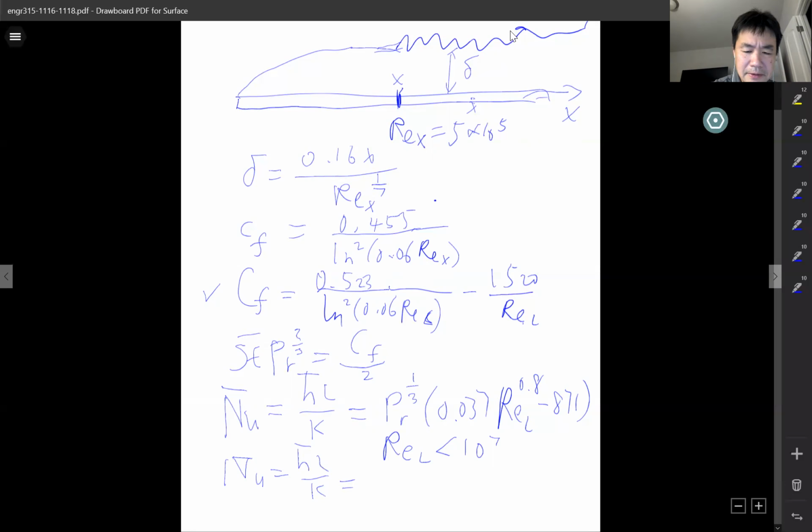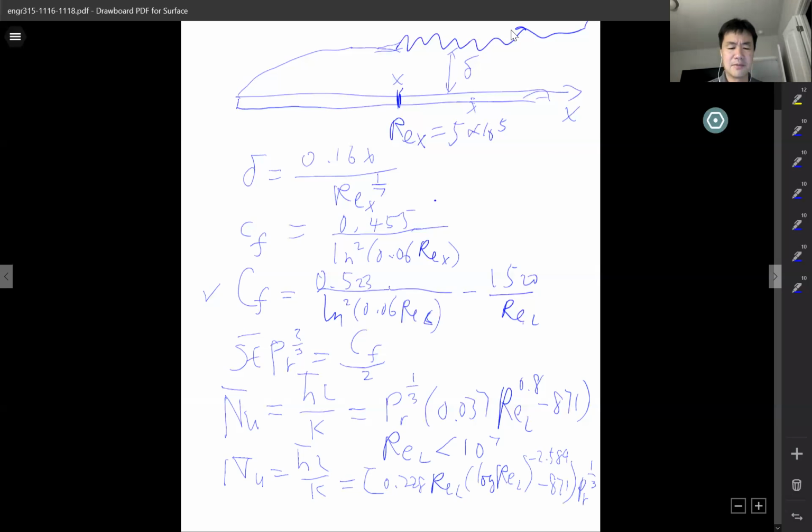0.228, times log Reynolds number L to the power of negative 2.584, minus 871, times Prandtl number to the 1/3.